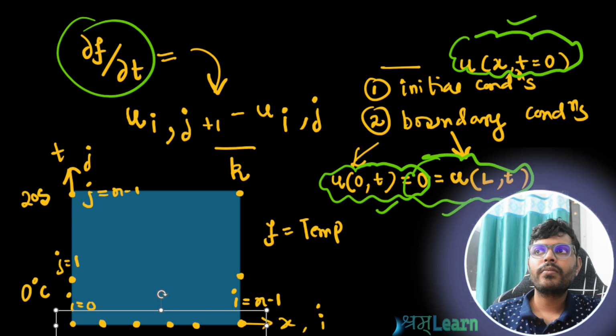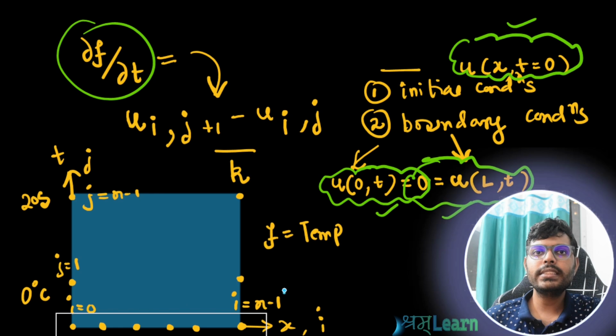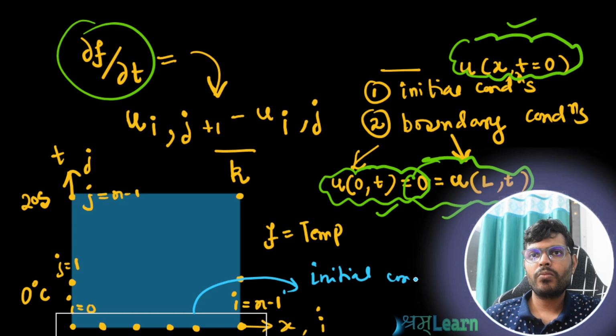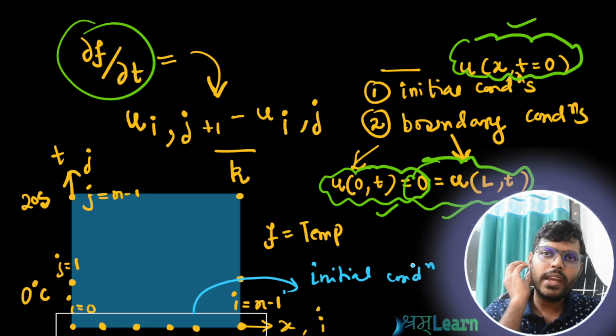What is this? Okay, so within the white box, what is this? This is my initial condition. Okay, and what are these? These are my boundary conditions.